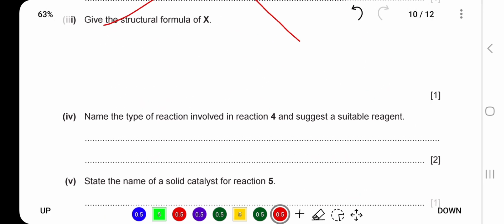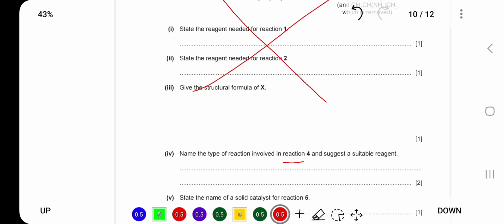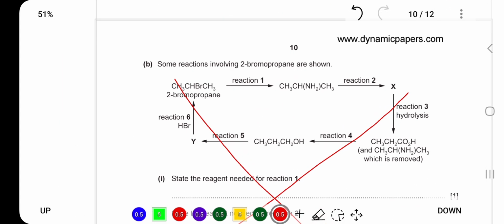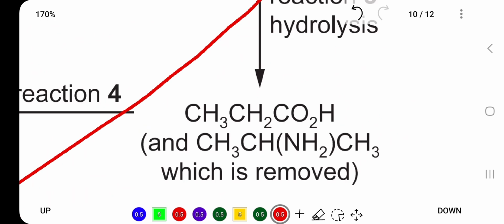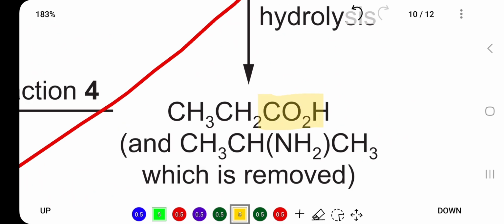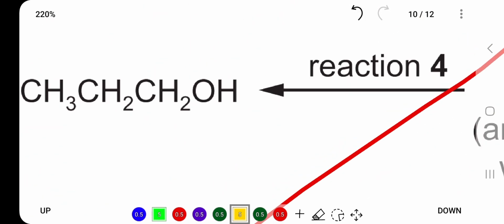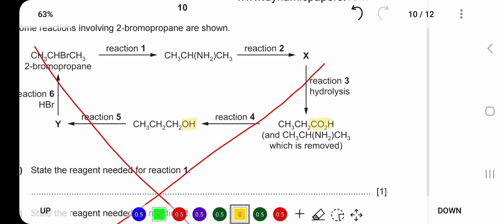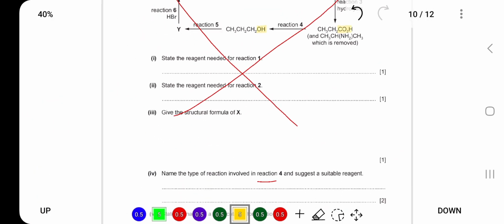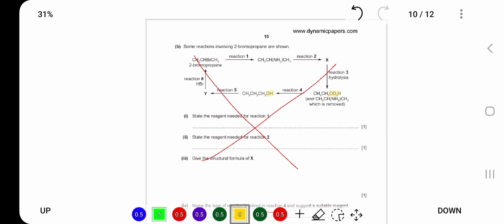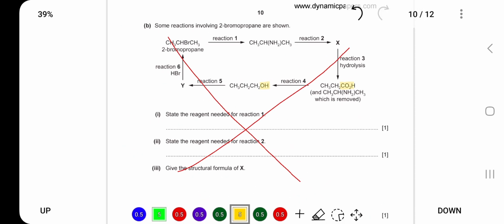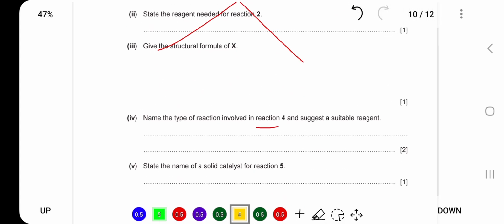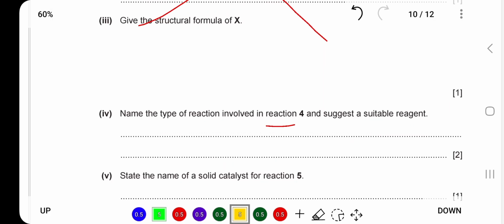Name the type of reaction involved in reaction 4 and a suitable reagent. So you can see that it had the carboxylic acid at the beginning. So when it becomes from COOH to an OH, or from COOH to an aldehyde, then aldehyde to OH, basically it is reducing the functional group, so reduction happens.